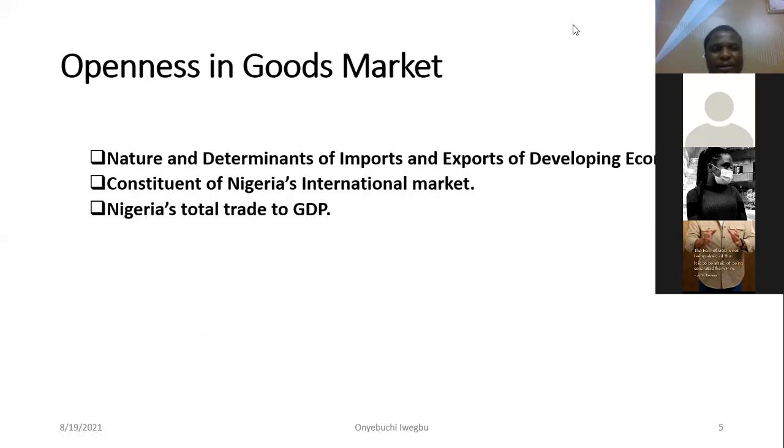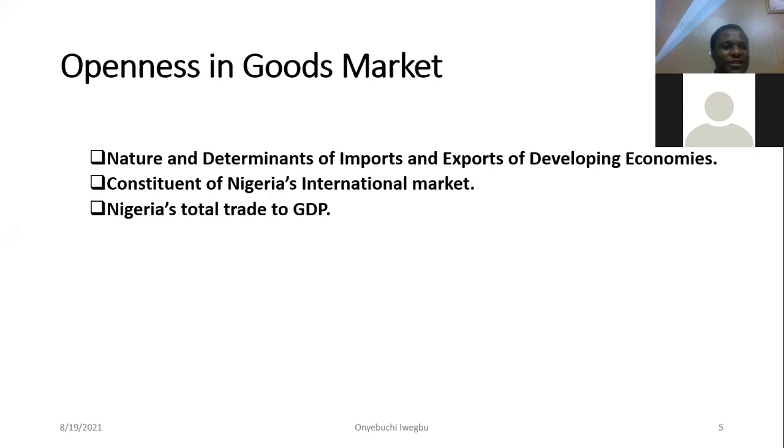At this point, let's consider, when we talk about openness in goods market, we need to consider, one, the nature and determinants of import and export of developing economies.